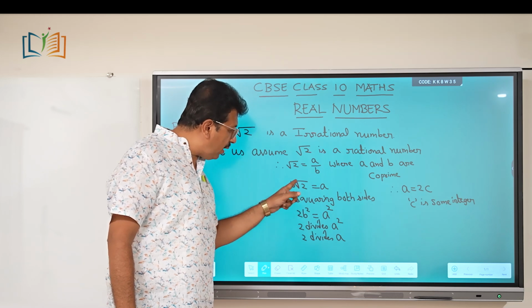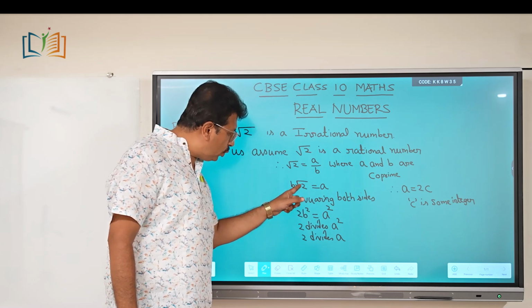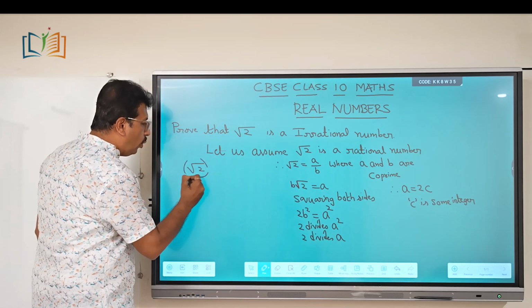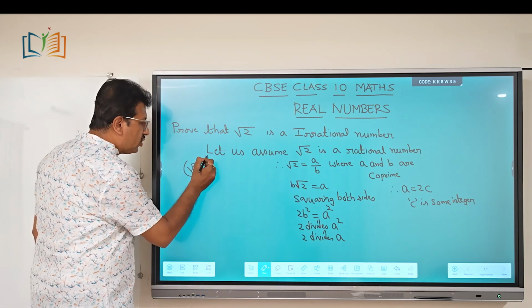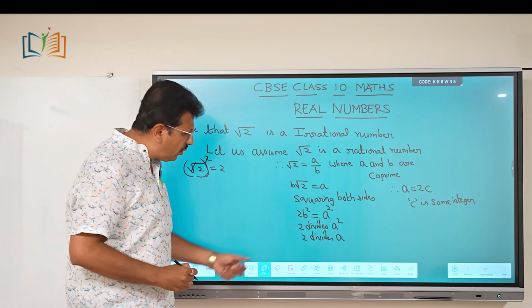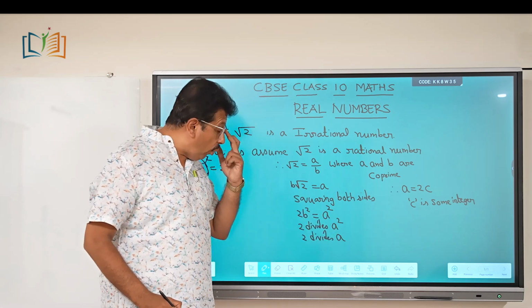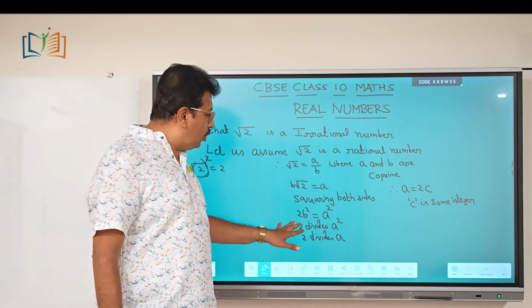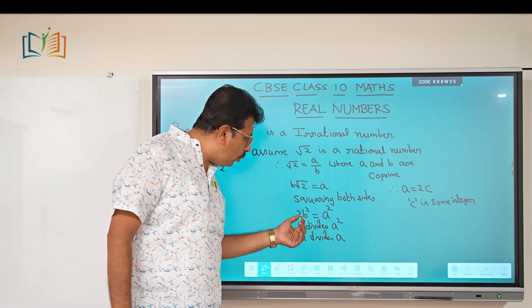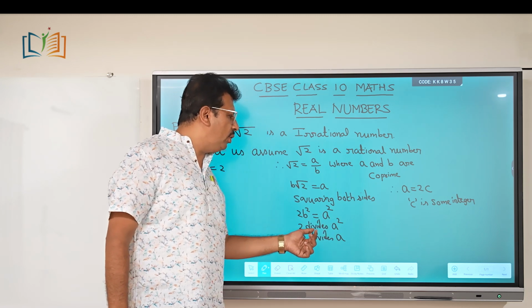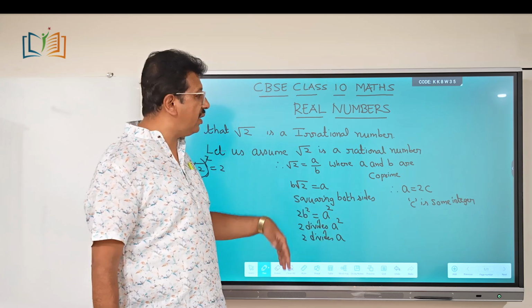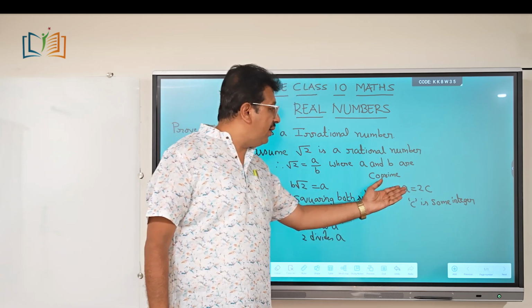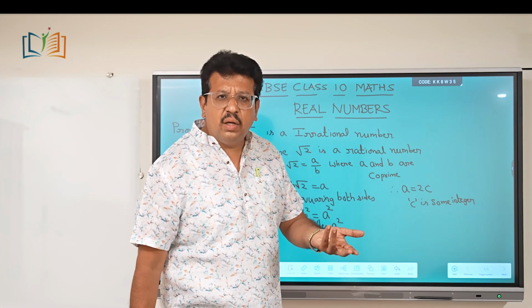When you square, b becomes b square, and root 2 whole square becomes 2, since square root and square cancel. That is how I got 2b square equals a square. What does it mean? 2 divides a square. When 2 divides a square, automatically 2 divides a also. When 2 divides a, a should be equal to 2c, because 2 is dividing a, so a has to be equal to 2 into some number c.